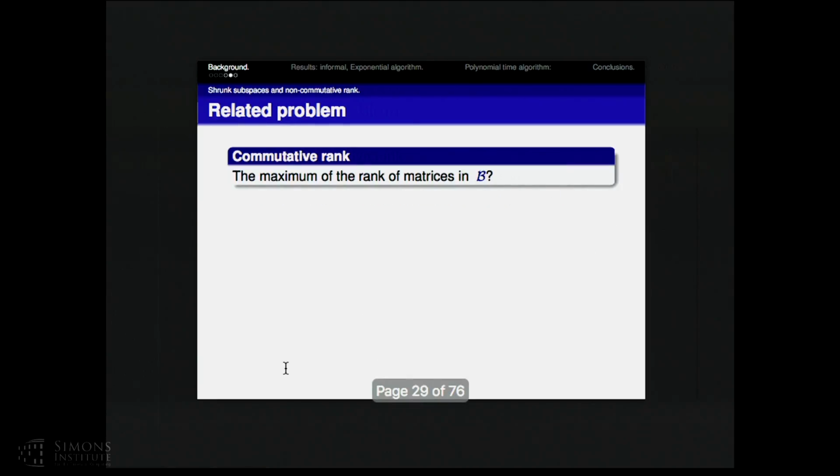So what you're given is a basis of B. Of course, the related problem is the celebrated PIT problem. If I give you a family of matrices and I want to know the matrix of largest rank in B, in general we don't know how to do this, and that is something we would really like to know. This goes back to Edmonds in '67.